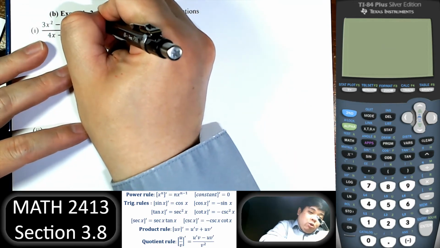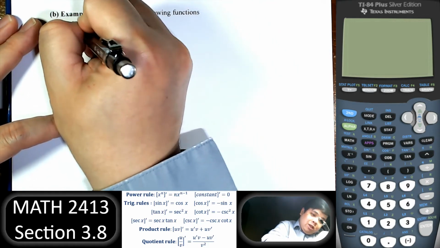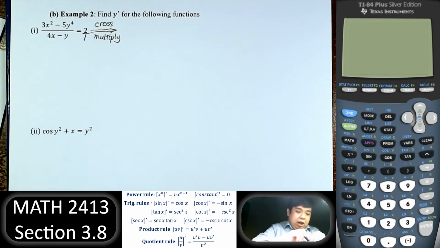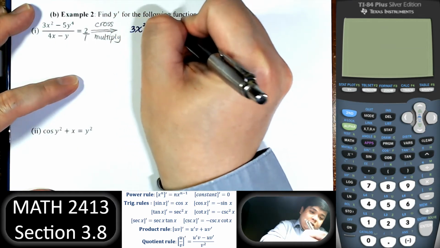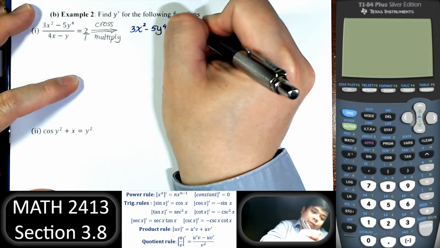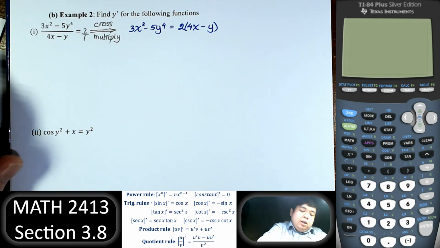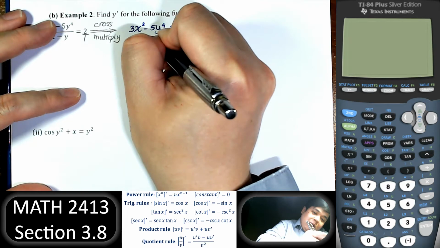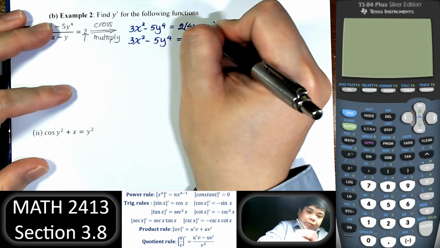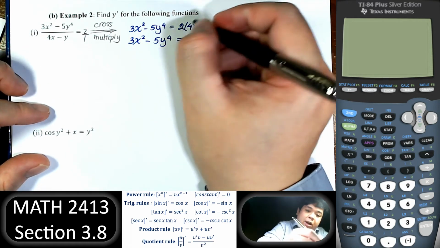So in that case, I will cross multiply a fraction, cross multiply, minus 5y to the 4th equals, square, 4, 8x minus 2y.